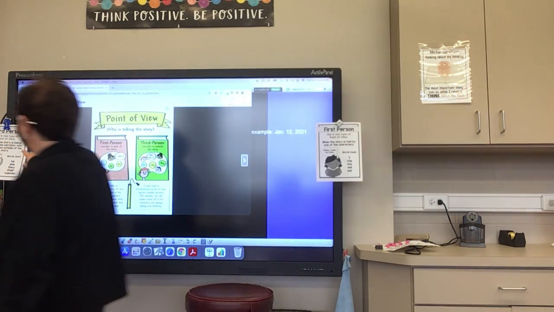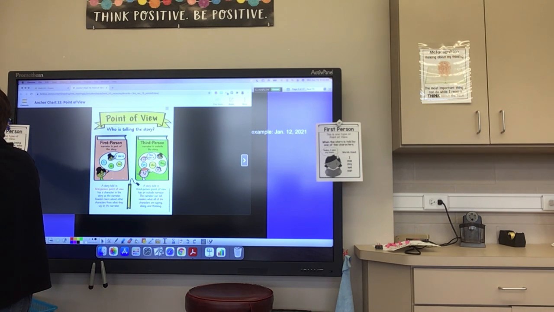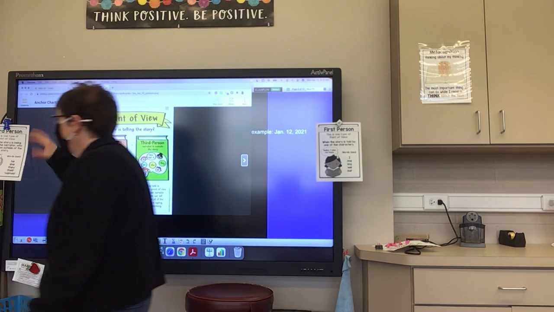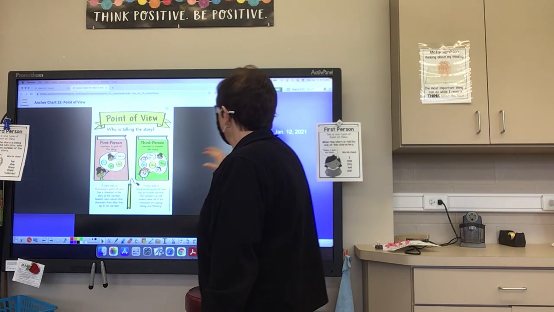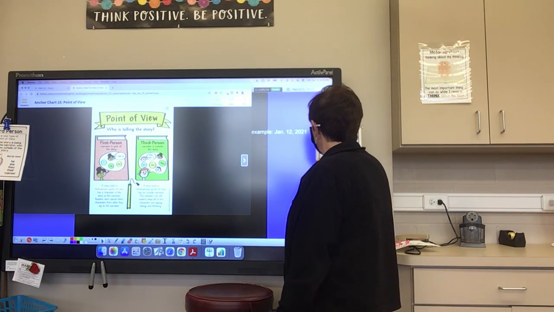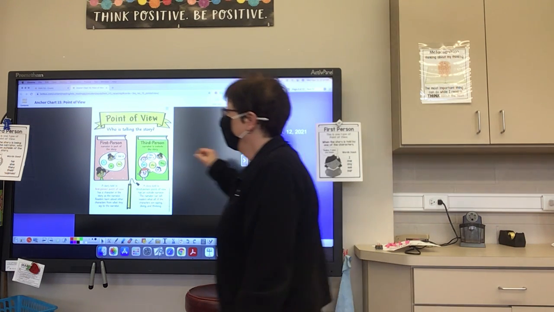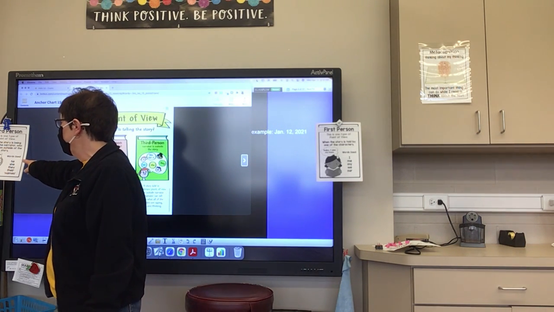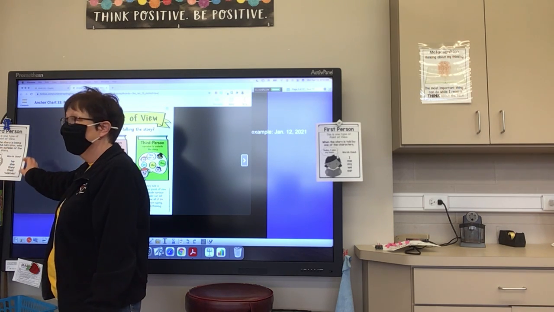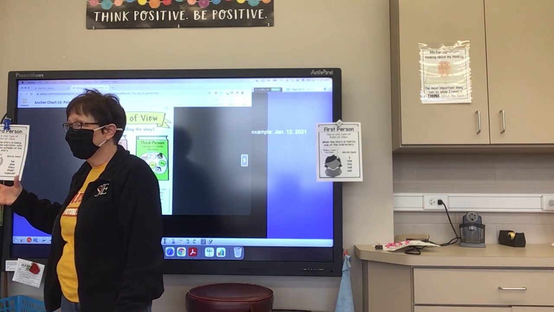Third person is told by a narrator who is a person outside of the story. So we should be looking for the clue words. The clue words in first person are I, me, my, we, our. Third person clue words are he, she, they, their, and it uses their names all the time.